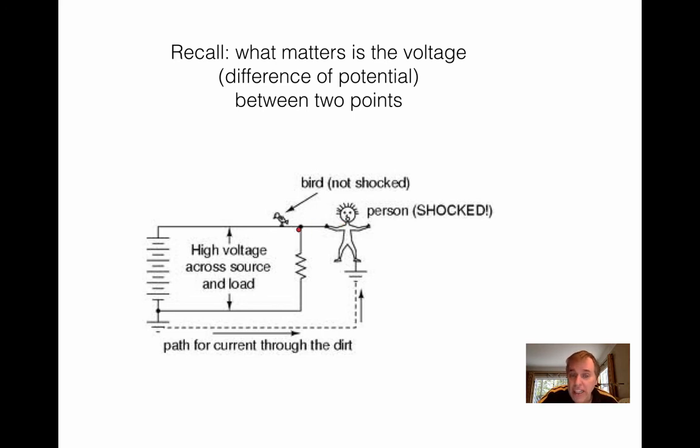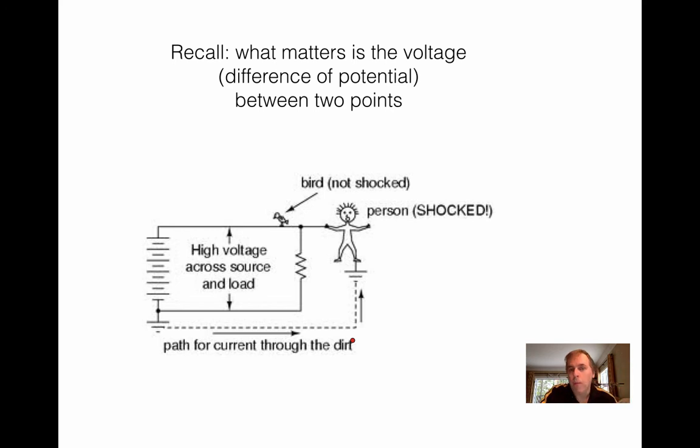But if you're touching this wire with one hand and your feet are touching the ground, you're standing on the ground and touching this wire, then there's a delta V of 70,000 volts applied between one of your hands and your feet. So there's a delta V of 70,000 volts applied to your body.